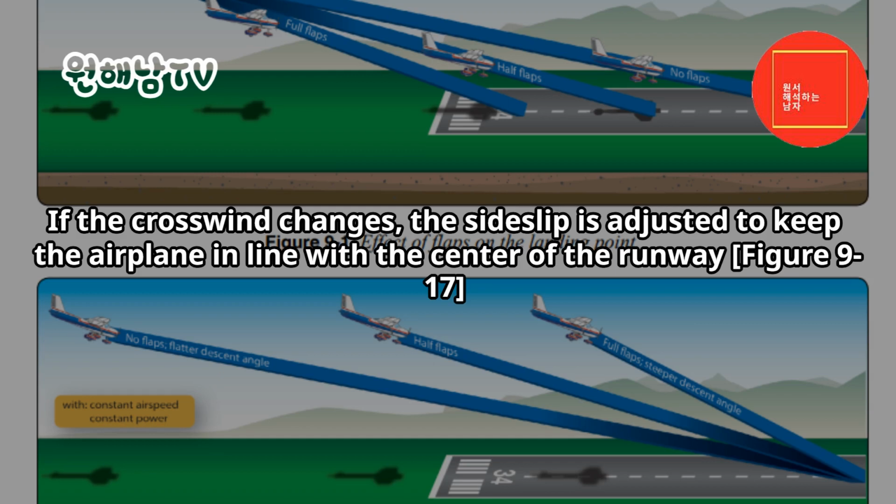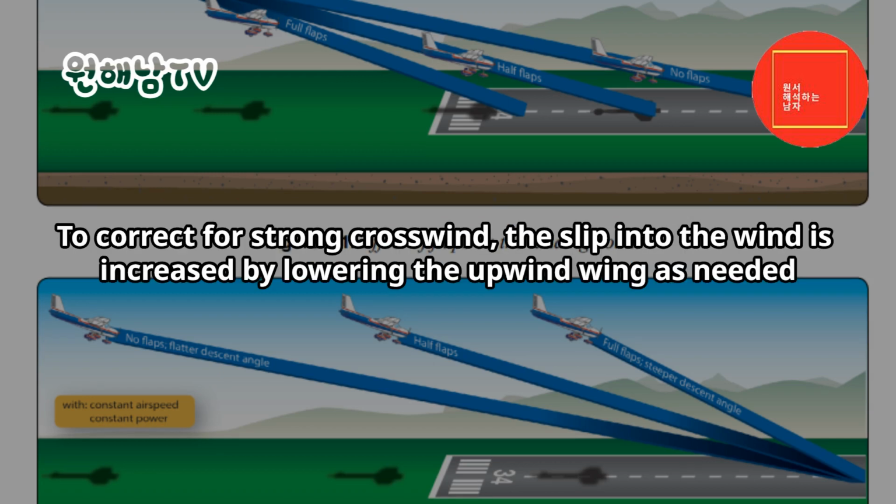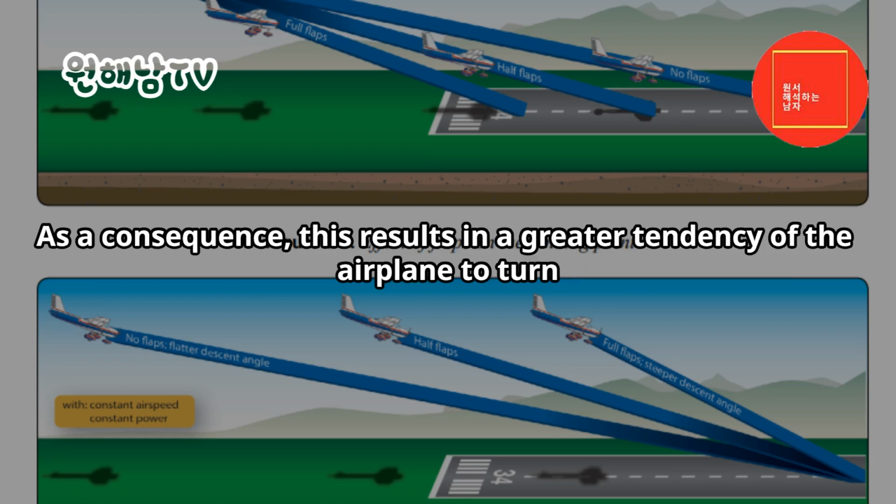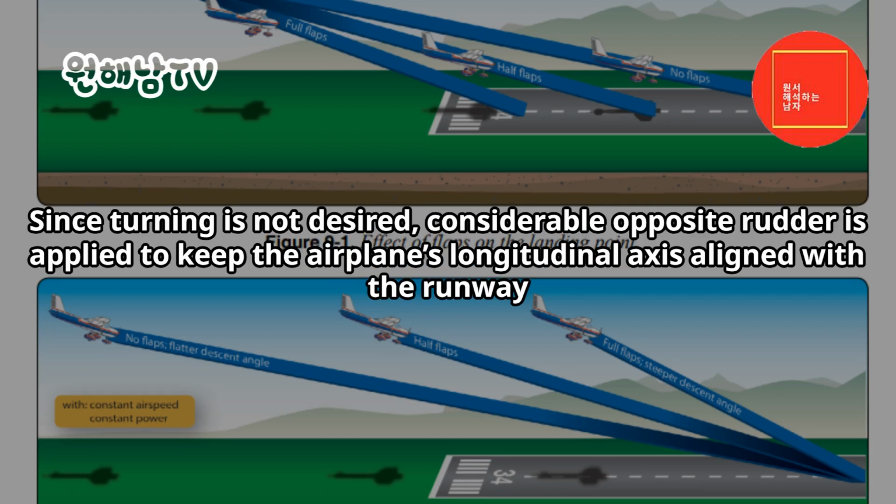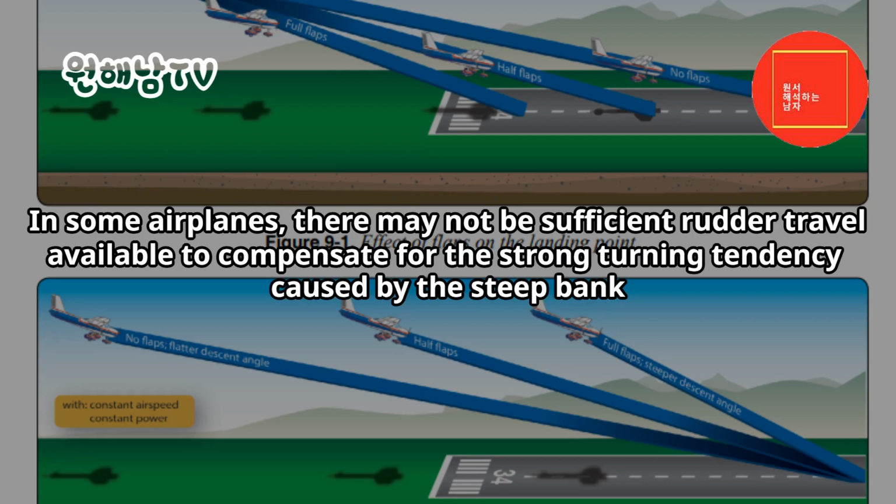Figure 9-17. To correct for strong crosswind, the slip into the wind is increased by lowering the upwind wing as needed. As a consequence, this results in a greater tendency of the airplane to turn. Since turning is not desired, considerable opposite rudder is applied to keep the airplane's longitudinal axis aligned with the runway. In some airplanes, there may not be sufficient rudder travel available to compensate for the strong turning tendency caused by the steep bank.